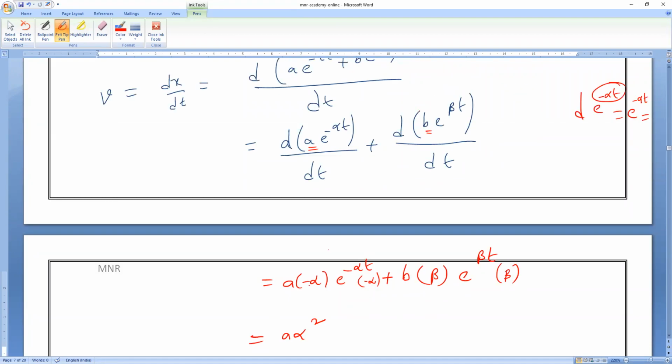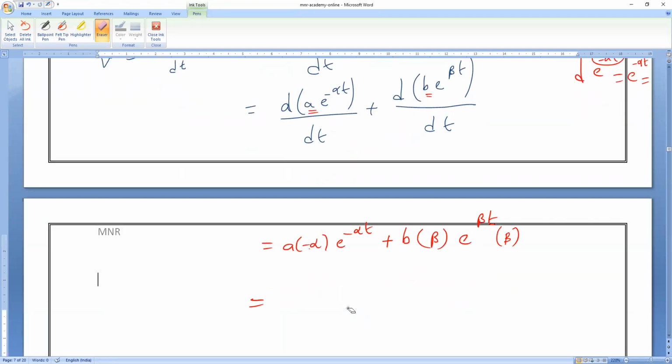So I am applying only for the velocity, sorry for that. So the velocity is equal to a into minus alpha into e power minus alpha t plus b into beta into e power beta t. So this is what we got.